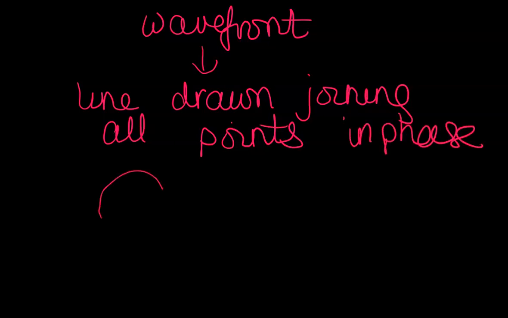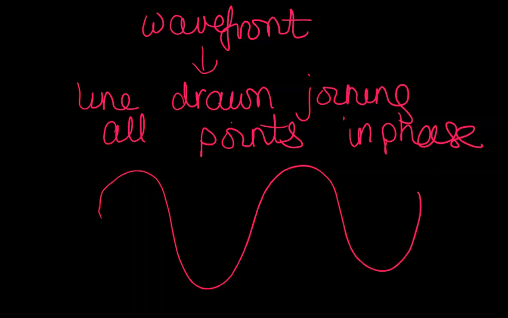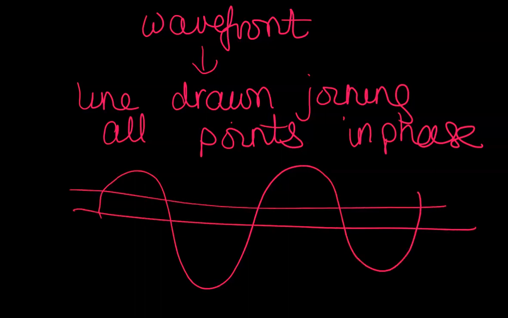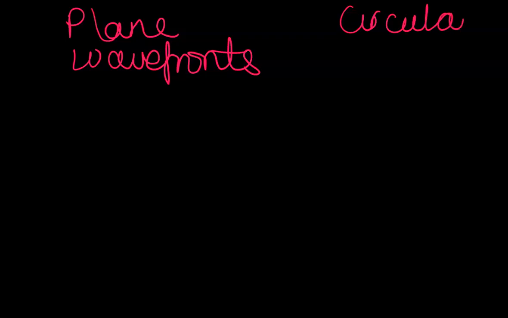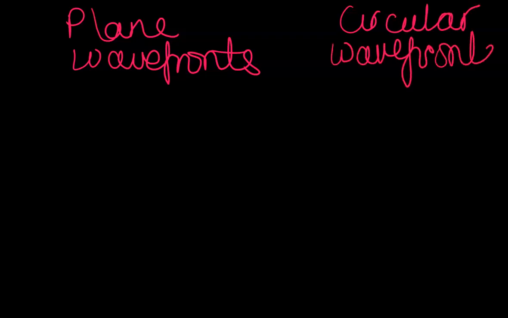So if I had a basic waveform like this, and I simply took a line joining all points like this, I'll get a series of parallel lines. So you can have either plane wavefronts, or you can have circular wavefronts. So your plane wavefront is a series of parallel lines.